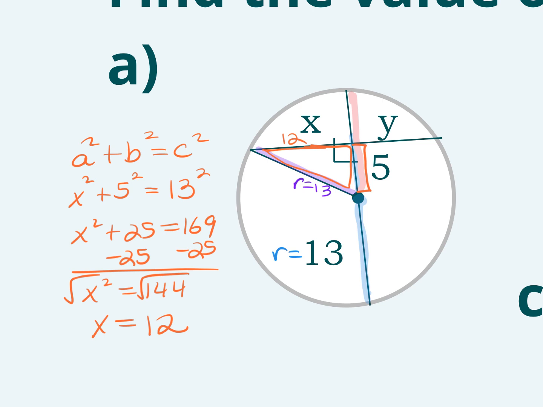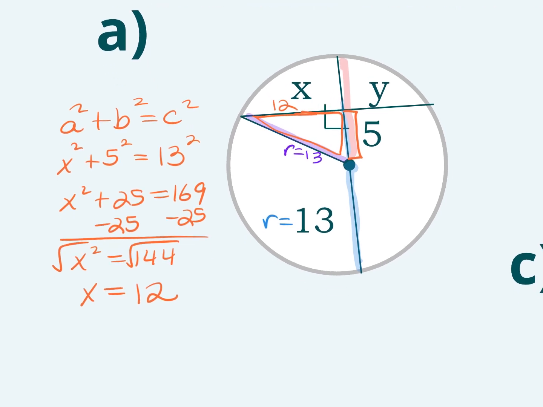Now, in order to find y, I could draw in another radius and then do Pythagorean theorem again. But what'll be the easiest way to find y is I can use my perpendicular chord bisector theorem.